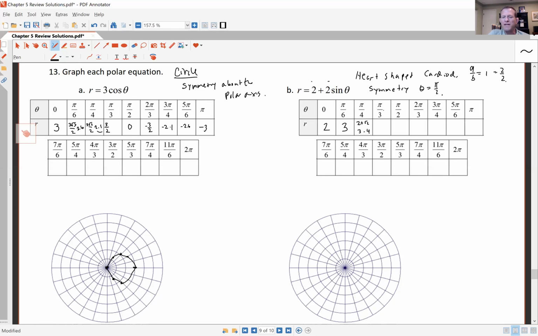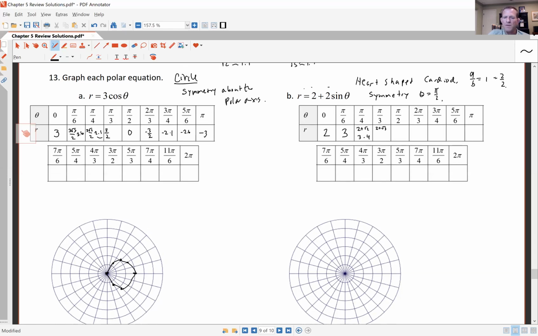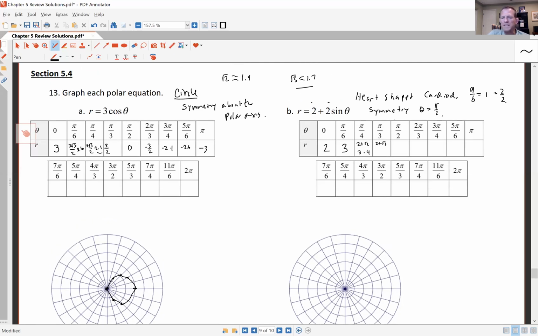Sine of pi over 3, or 60, is root 3 over 2. The 2's will cancel, and we have 2 plus root 3. Remember, root 3 is around 1.7, so this gives us 3.7. Pi over 2. Sine of pi over 2 is 1 times 2. 2 plus 2 makes 4.